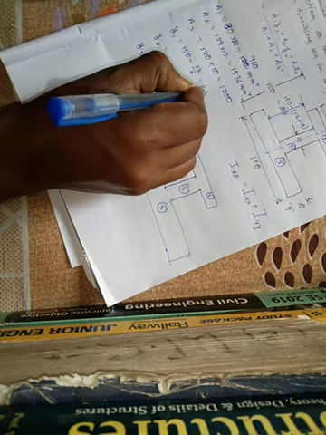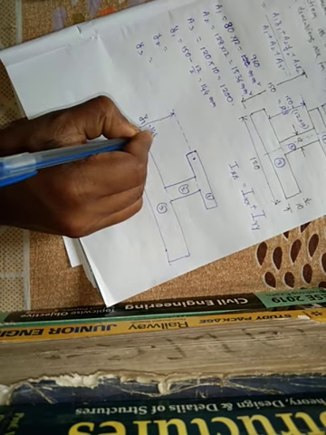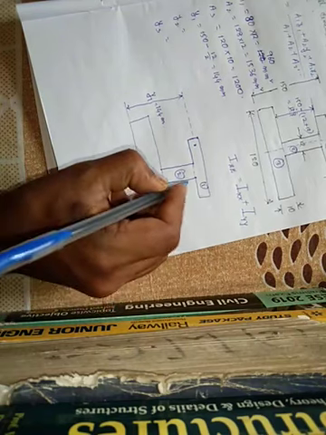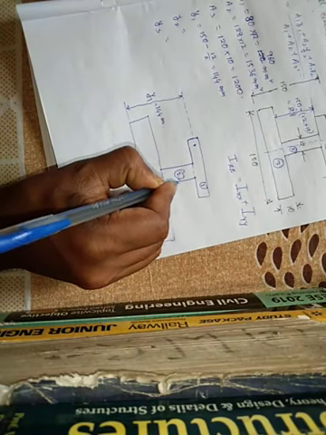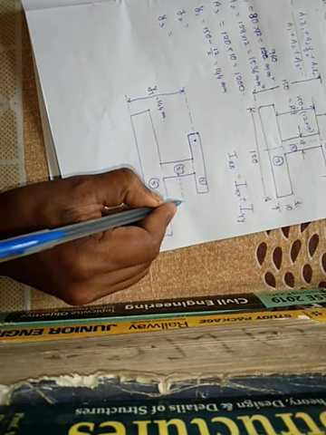This is 144 millimeter. And y2 is the distance from the center of the web to the base of the I section.